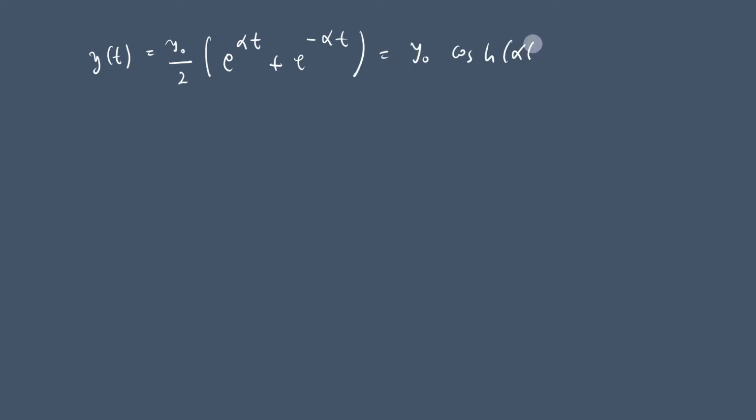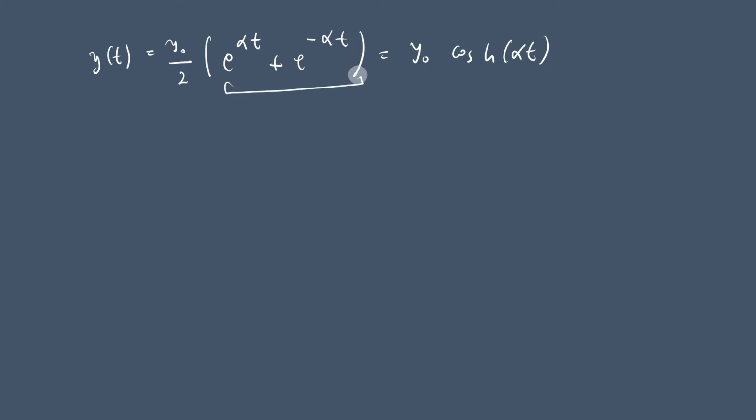So the length that hangs below the hole is y as a function of t, y0 divided by 2 times e to the alpha t plus e to the minus alpha t, which equals y0 cosh alpha t.